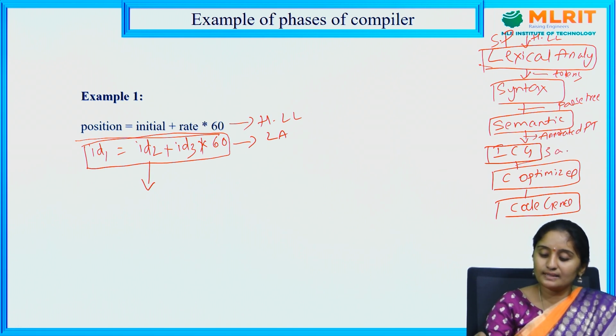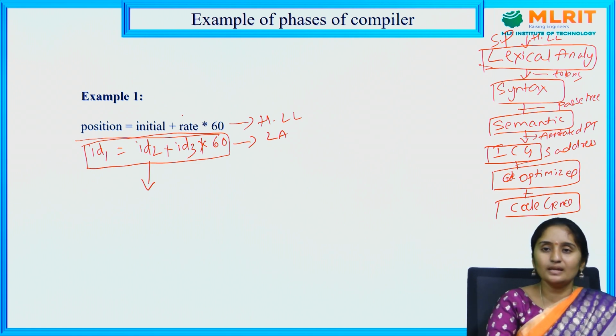It generates three address code, an abstract language, which is given as an input to the code optimizer. The code optimizer optimizes the code; unnecessary data is removed, and it is given to the code generator. So these are the 6 phases we are going to apply for this example.